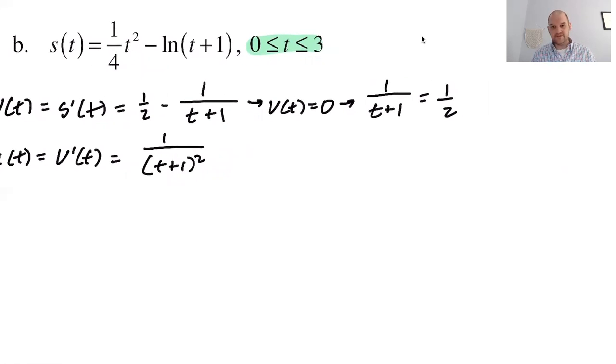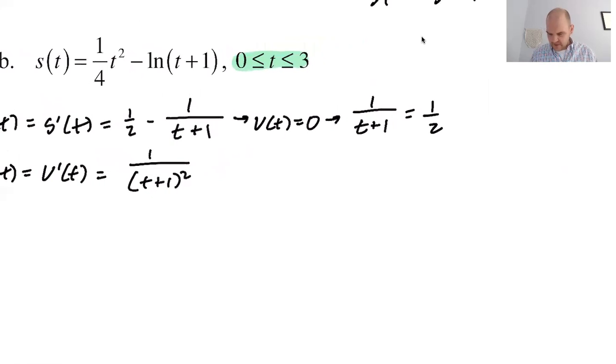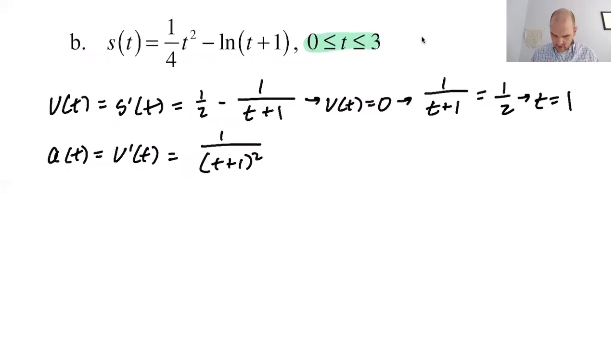I'm not going to algebraically solve that when you can just look at it and see you need t to equal 1. And then the acceleration is always positive on our interval, so a of t is greater than 0.